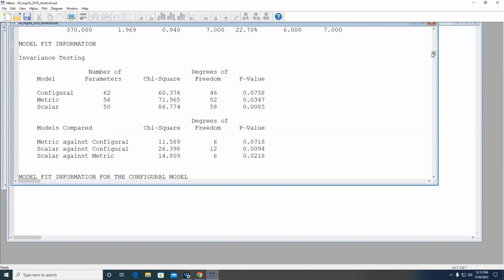But what if it's not a just identified model? What if it's a not completely saturated model, and then I've got this other not completely saturated model? It's not always so obvious whether those two models are nested. They might not look nested in terms of the parameters, but in terms of the model implied moments, they actually might be.